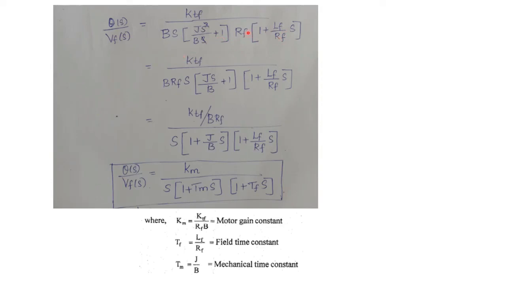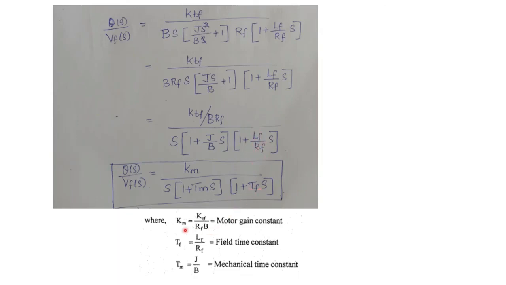Now what do we have to do? Except this S term, that is the frequency domain term or the Laplace variable, we have to bring all the terms to the numerator. B into RF should be brought to the numerator. So in the denominator we will have S into 1 plus J by B into S into 1 plus LF by RF into S. Now these two are related to the mechanical load, so this can be represented by TM, and this will be related to the field circuit, and it will be represented by TF.